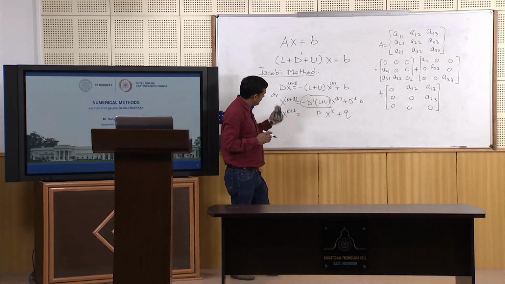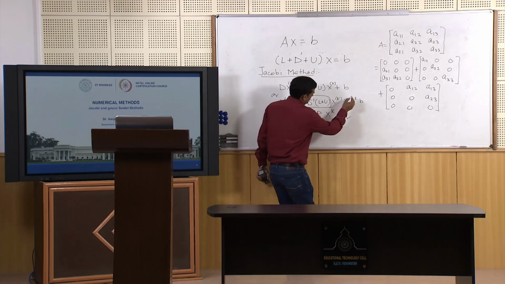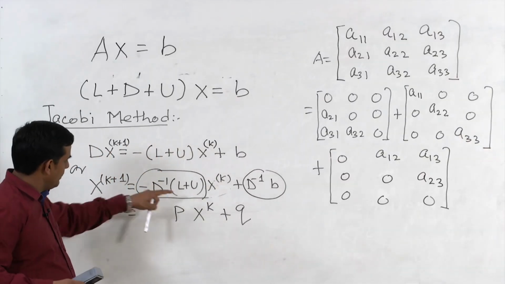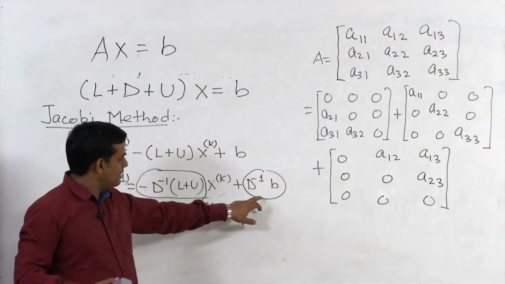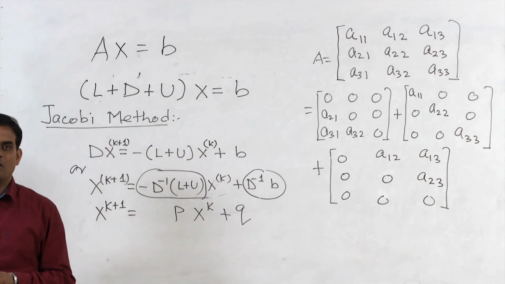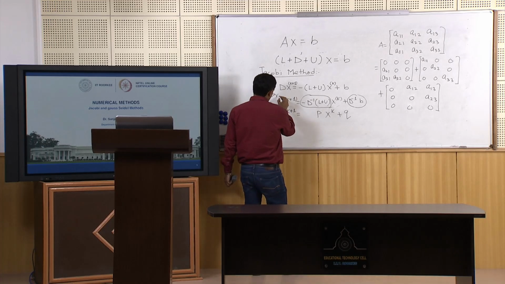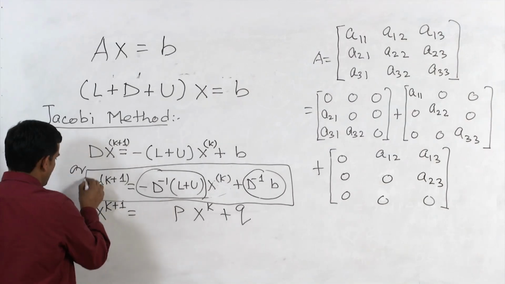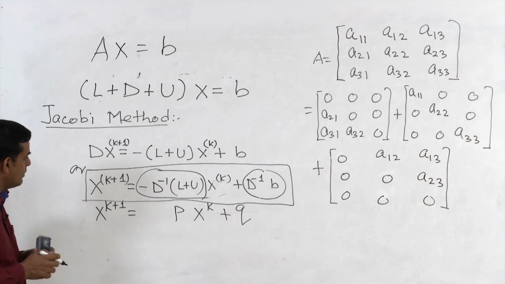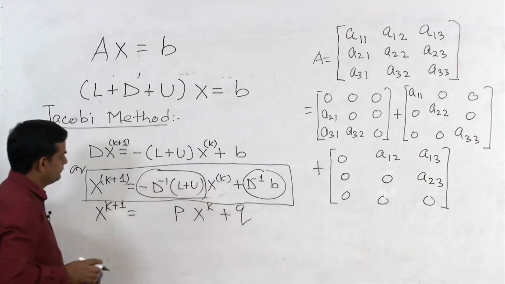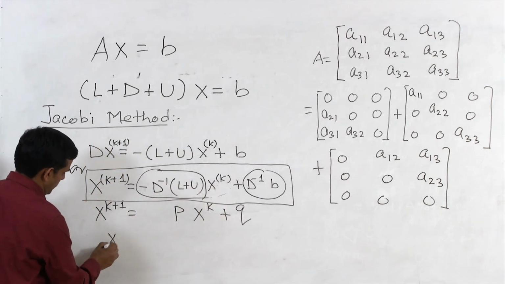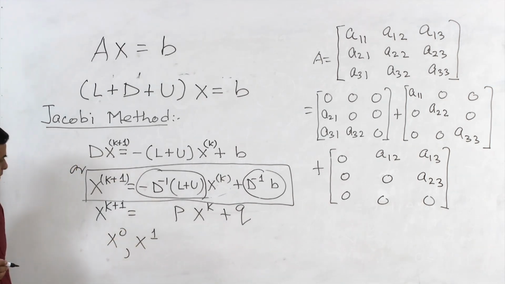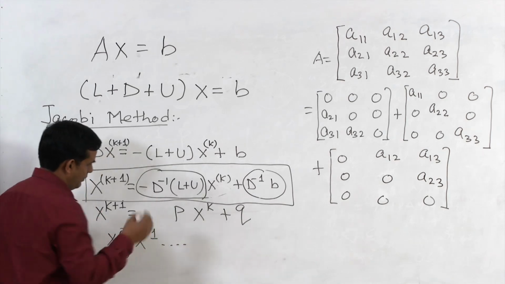The right hand side column vector q is given by this term. P will be an n by n matrix and q will be an n by 1 column vector. So, this particular scheme is called the Jacobi iterative scheme. Here we will start with an initial solution x0, then I will find x1 using this formula and so on.